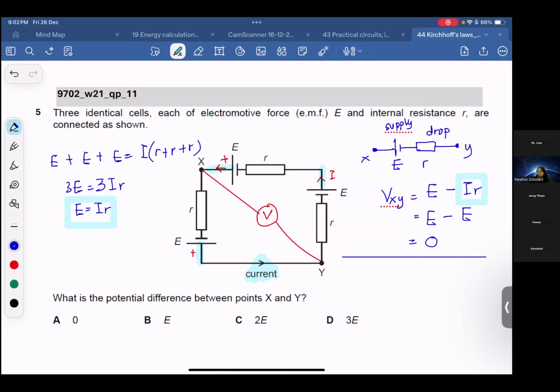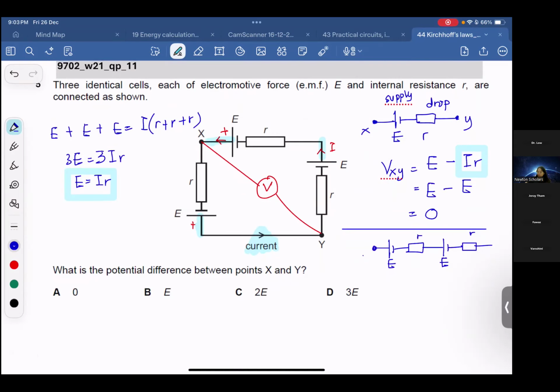Then if we consider the upper part, can or not? Like this. So this one is E, here is E, here is R, R. Between here is X and here is Y, so the voltage across XY is 2E, minus 2IR, the voltage drop due to the small r component.